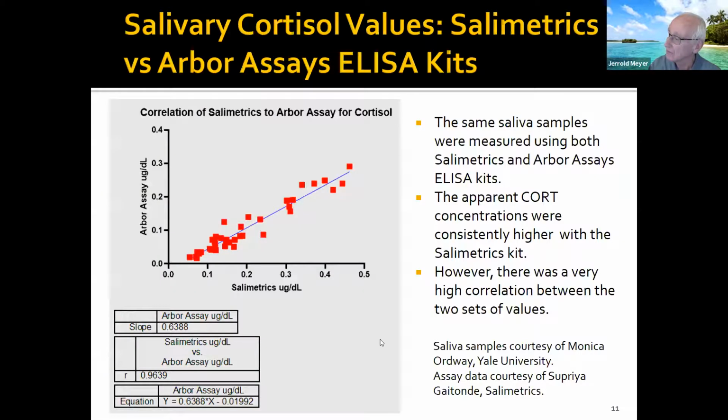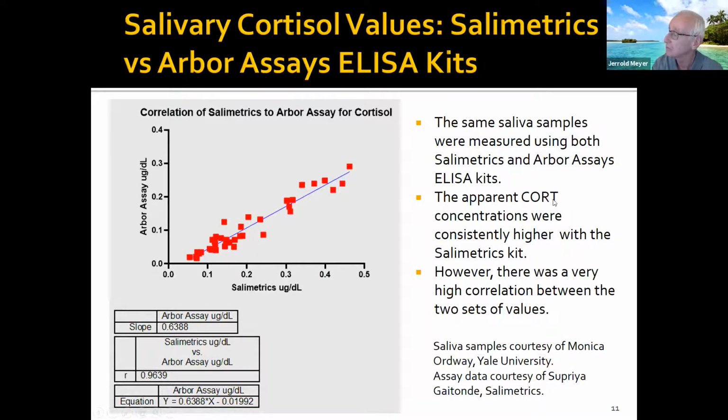These are data, these are not published data. I happen to be fortunate to have had access to these data. So you'll see later this afternoon, when we get into hair and nail cortisol, that my lab for human nail and hair cortisol assays, we use a kit from a company in Ann Arbor, Michigan called Arbor Assays.